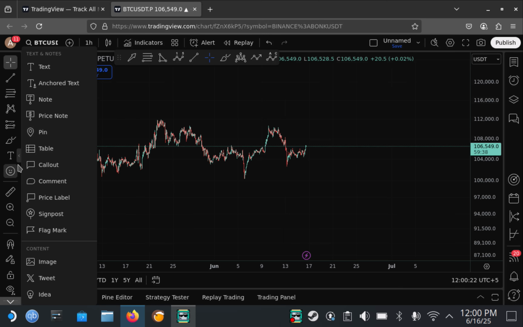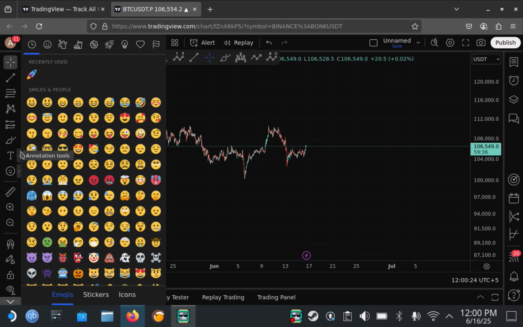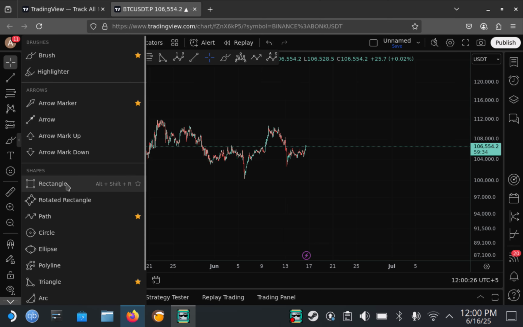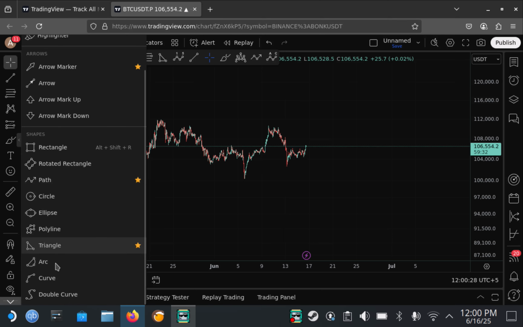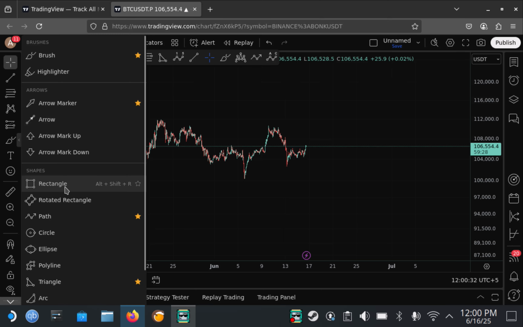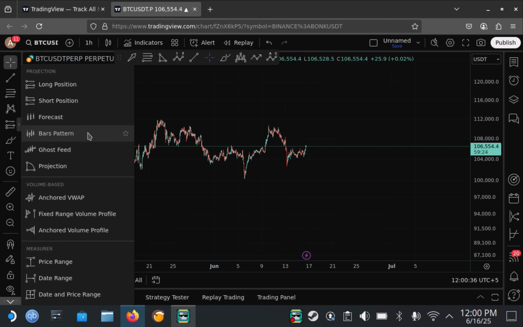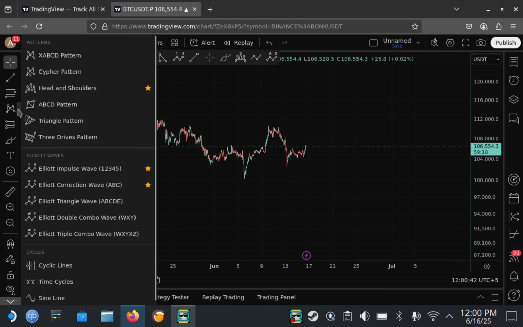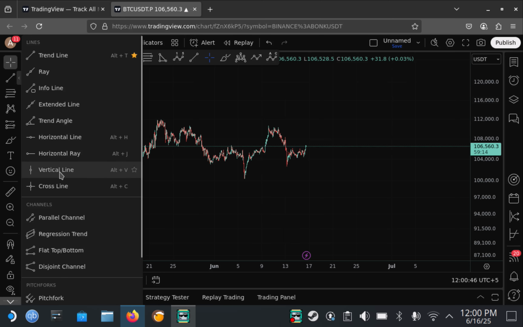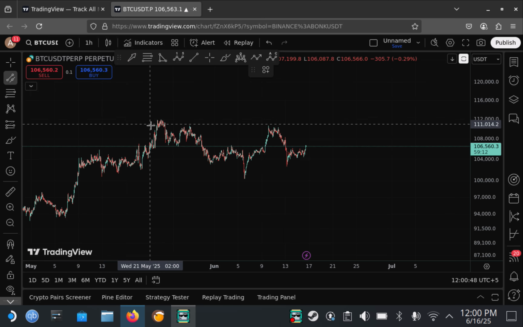Man, I think it was somewhere here, but I'm not finding it. I wish TradingView had an option to search for the things that you need. All right, this is my last try. Okay, maybe here. Yeah, got it.